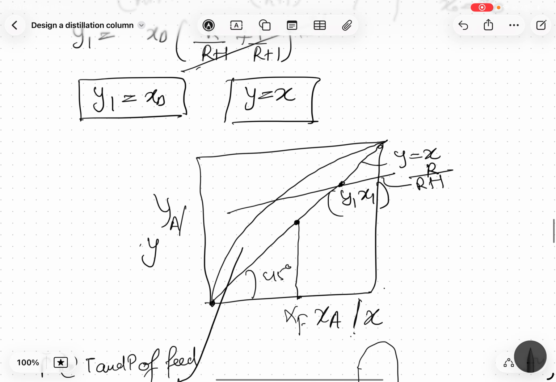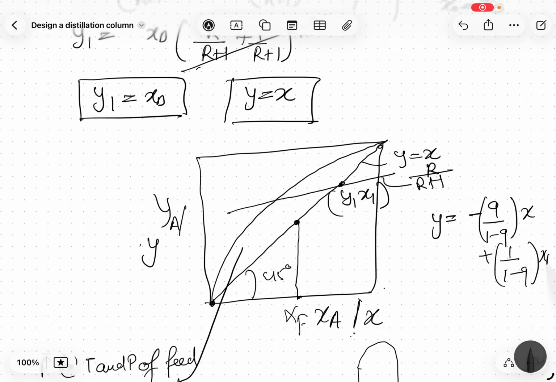I can say the operating line for the feed tray is Y equal to minus Q divided by 1 minus Q into X plus 1 divided by 1 minus Q into XF. So this will have some operation to do with this line.